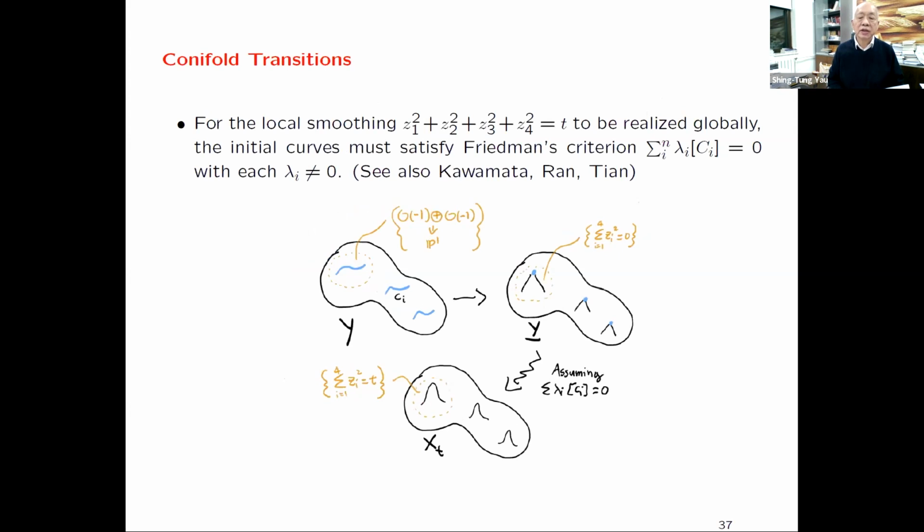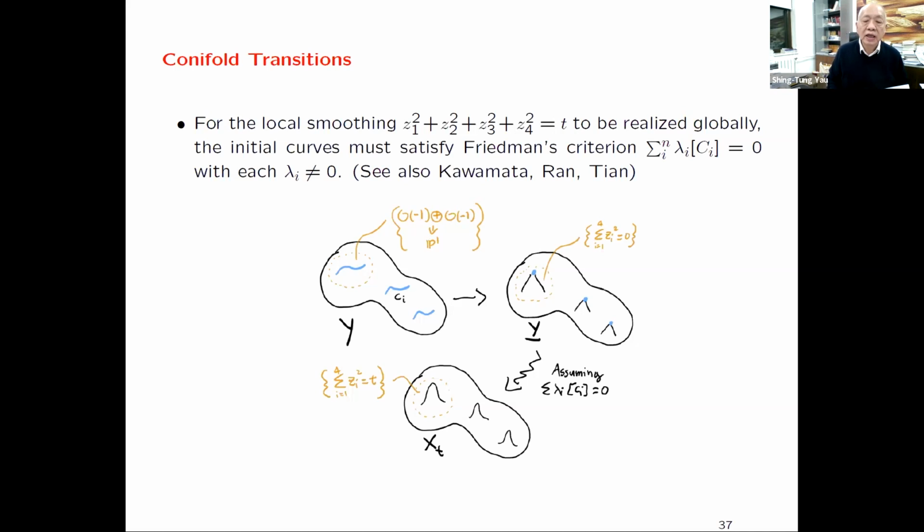And this is interesting because the local smoothing of the rational double point can be written down in this way: the sum of squares equal to t. When t is not 0, it becomes a non-singular thing. So this smoothing condition set by Friedman, the infinitesimal deformation, was proved by Friedman, that the first order deformation is fine.